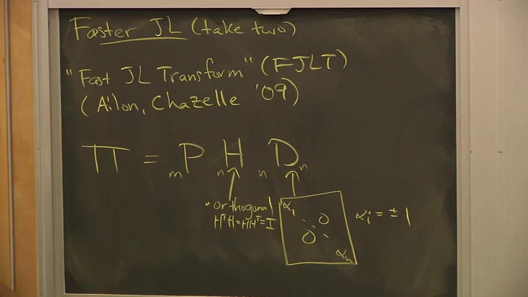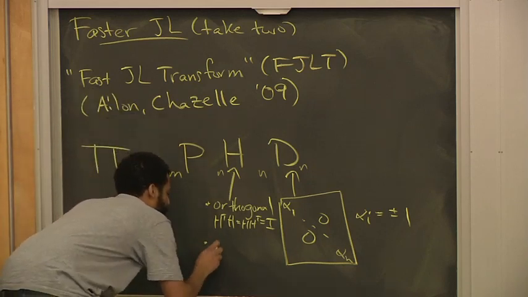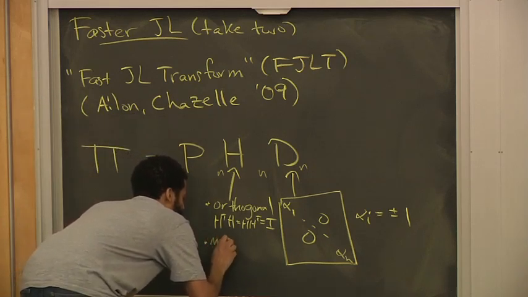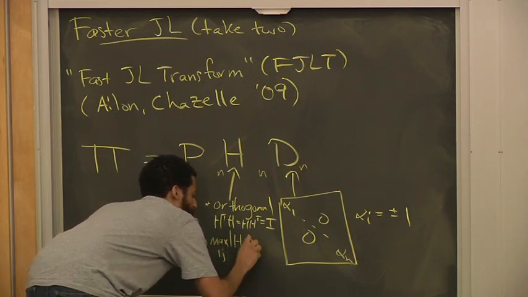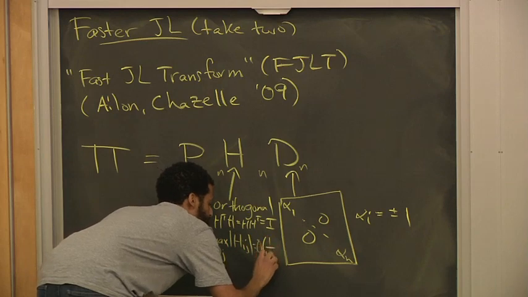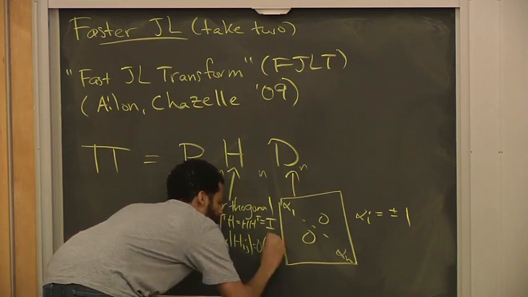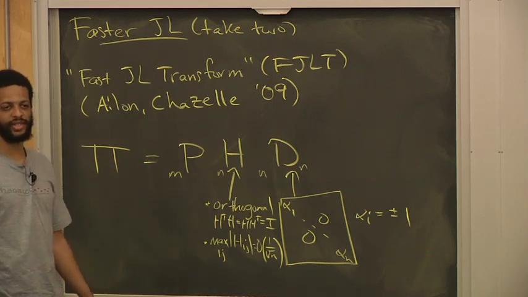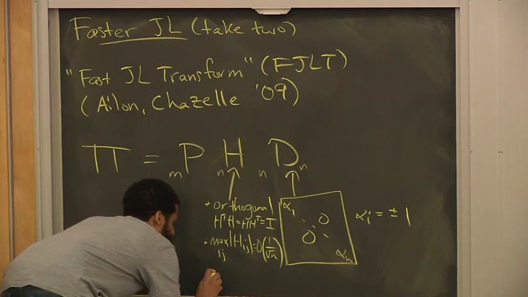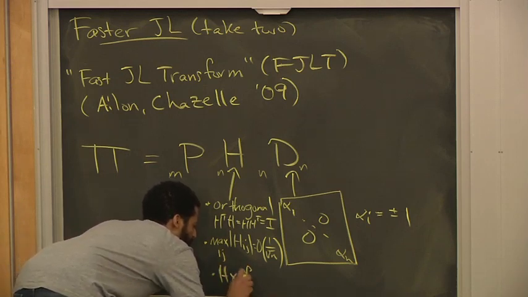The second property we need is that the max over all i,j of |h_ij| is O of 1 over root n. So the maximum magnitude of any entry is roughly 1 over root n. We also want H to support fast matrix-vector multiplication. After all, we do want this to be fast.